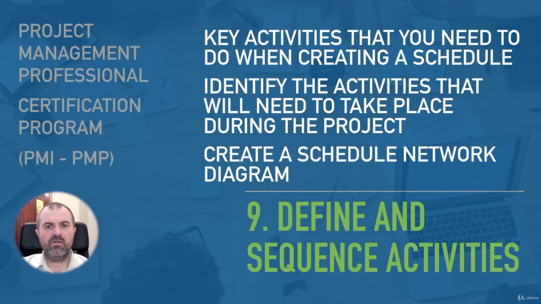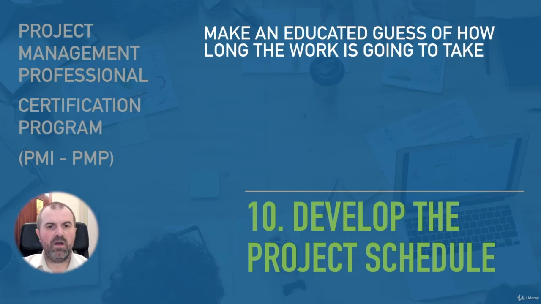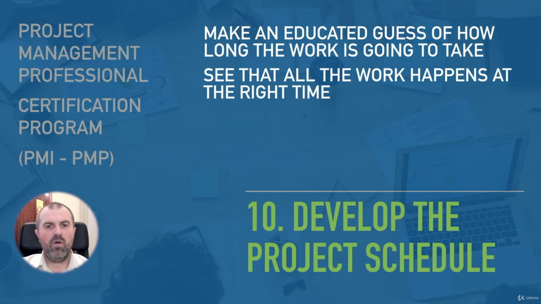Develop the project schedule. In order to plan a schedule for anything from a birthday party to a mission to Mars, you need to make an educated guess of how long the work is going to take, and then figure out the overall schedule. A huge part of your job as a project manager is to see that all the work happens at the right time.